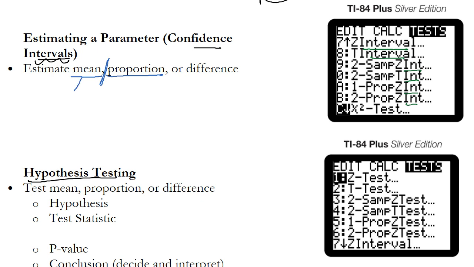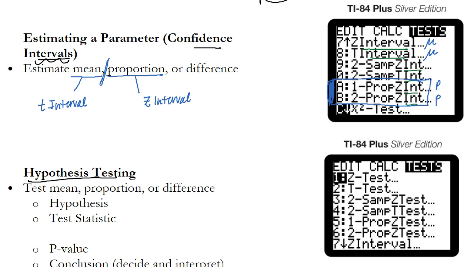If it says mean, then you'll use the t interval. If it says proportion, you'll use a z interval. However, the proportion has different inputs, so it has a different z interval. See those guys, A and B? Because the regular z interval, that guy's for means. These guys are for proportions.